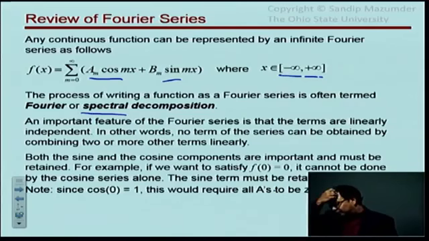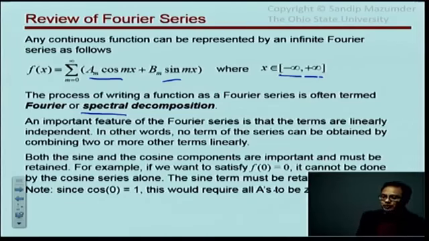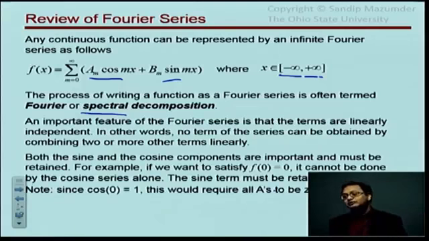Both the sine and cosine components are important to retain whenever you do a Fourier decomposition, because there may be some cases where you need the sine terms and other cases where you need the cosine terms.